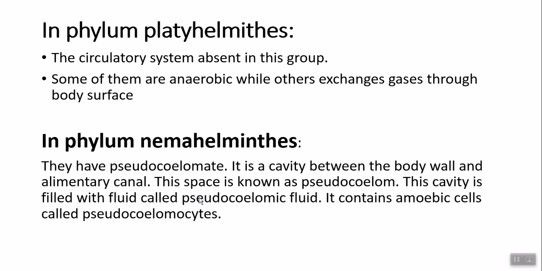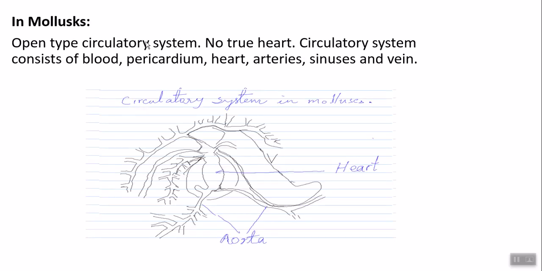So pseudocoelomic fluid is almost like the blood or lymph of other animals. This space allows the food particles and diffused gases to move to different parts of the body. Otherwise, Platyhelminthes and Nemathelminthes, since they are parasites, do not have a well-developed circulatory system.